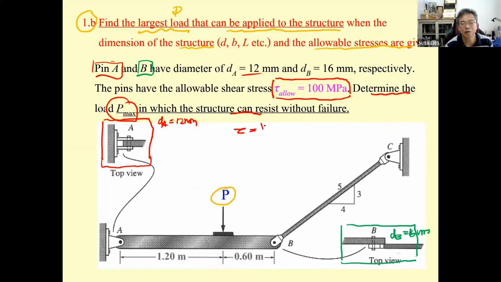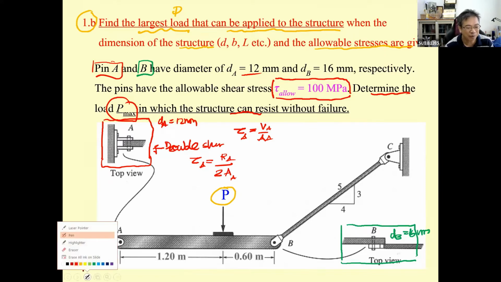Tau equal to V over A. Tau sub A equal to V sub A over A sub A. Since this one is double shear, tau sub A is going to be R sub A divided by 2 times A sub A. Okay, and we come to this one for the pin B.